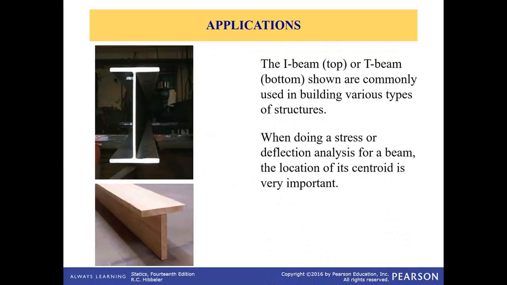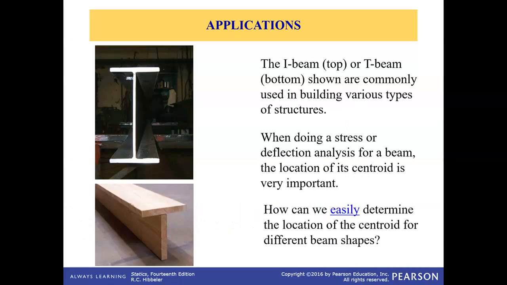Applications: the I-beam or T-beam shown here are commonly used in various types of structures. When doing a stress or deflection analysis for a beam, the location of its centroid is very important. How can we easily determine the location of the centroid for different beam shapes? This beam is made up of three standard shapes: one horizontal rectangle, one vertical rectangle, and one horizontal rectangle.